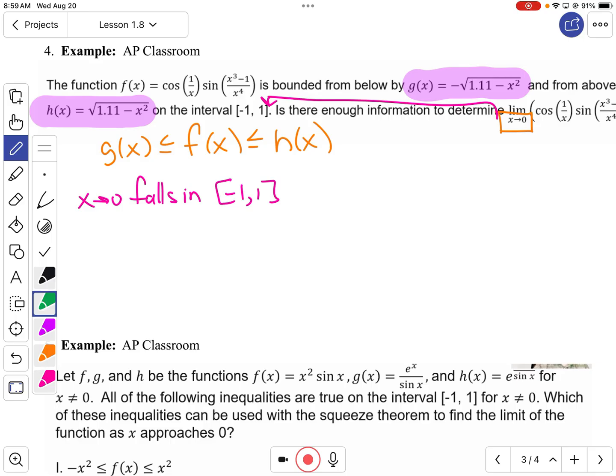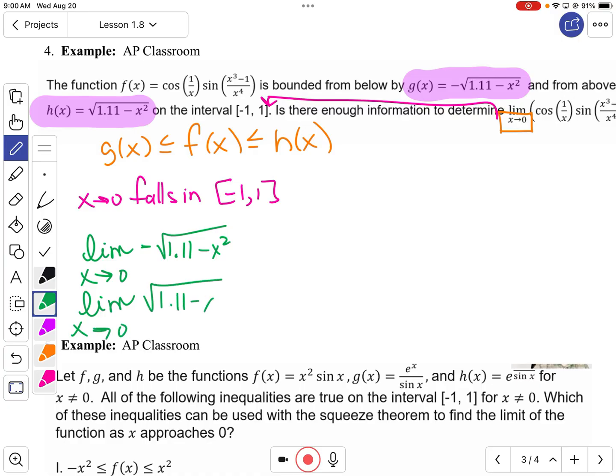So now let's do the limit as x approaches 0 of g of x, which would be negative square root of 1.11 minus x squared. And we'll do the limit as x approaches 0 of positive square root of 1.11 minus x squared. Okay, so let's evaluate.